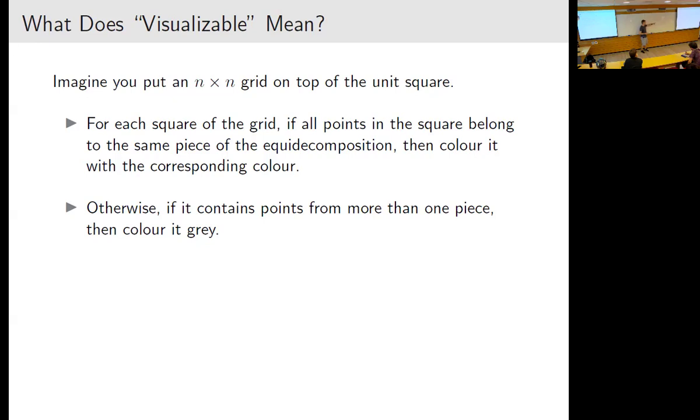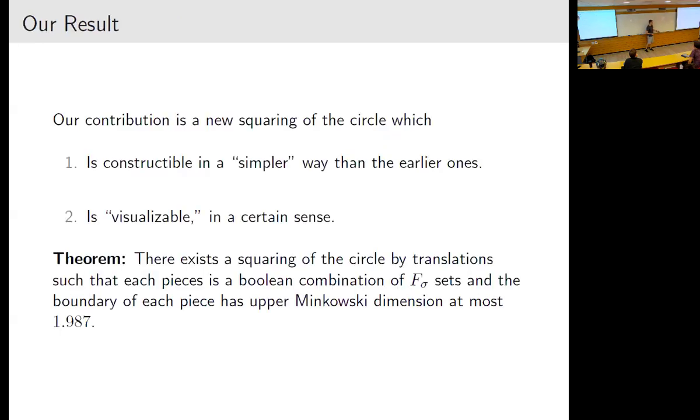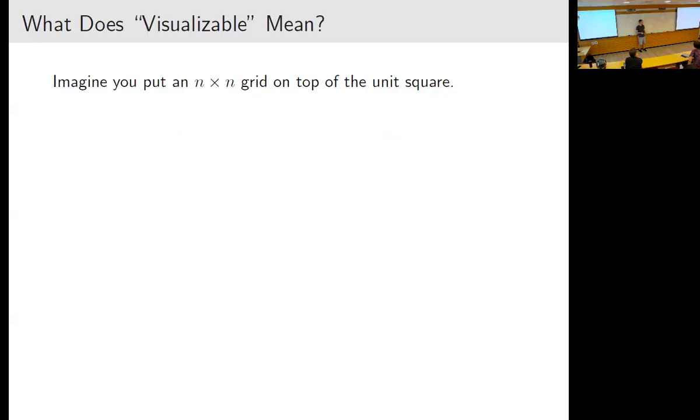So if you do this representation and you let n grow, you're only getting this many gray squares. So the area of the gray squares goes to 0, because the total number of squares is n squared. So this 1.987 is what I mean when I talk about the upper Minkowski dimension being at most this. It's the number of gray squares when I try to draw it on a TV.